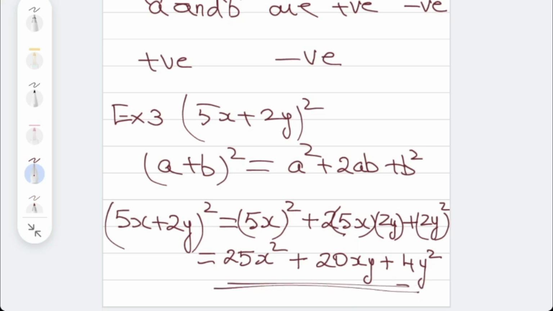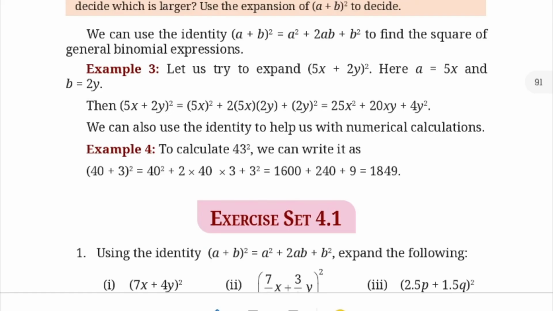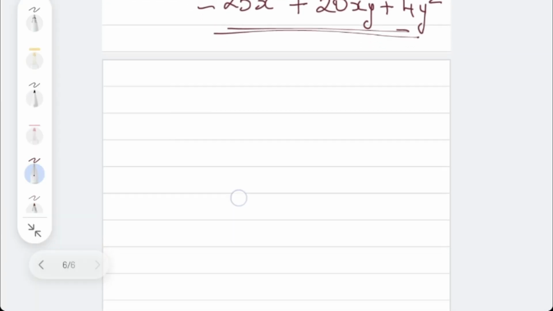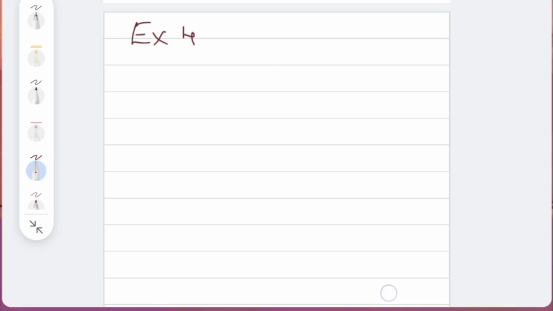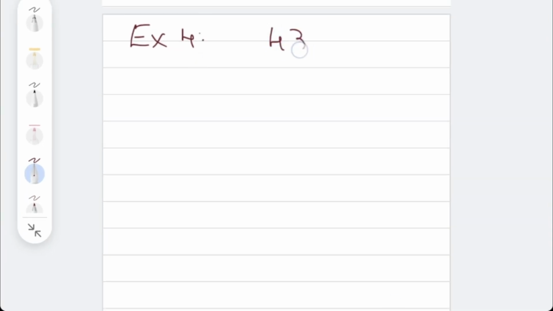So now next one is example 4. We have to calculate 43 whole square using this first identity. Here he says calculate 43 square using this first identity.